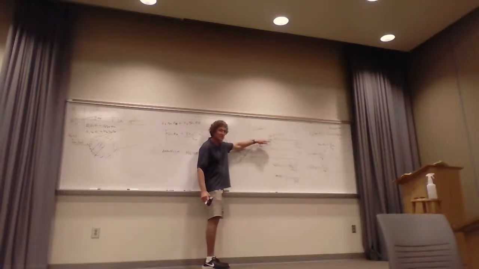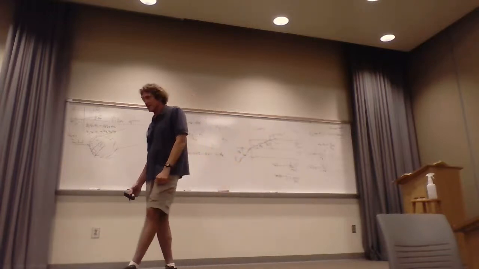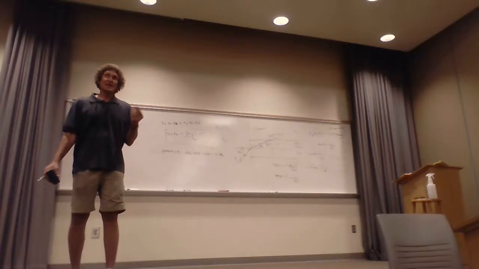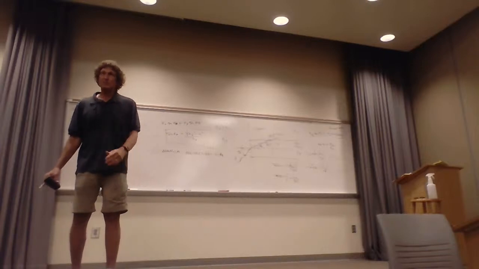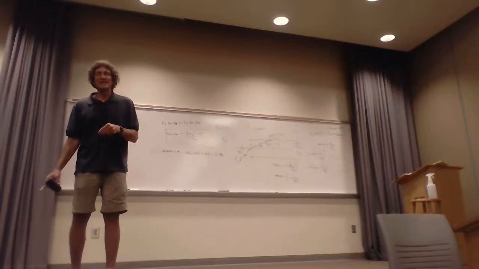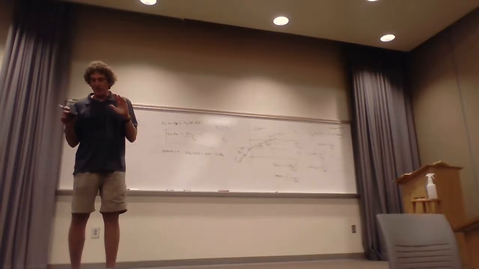It slowly changes from one to the other. That's called a graded index fiber, or GRIN: graded index, numerical aperture, graded index of refraction. But you can read that in the book.